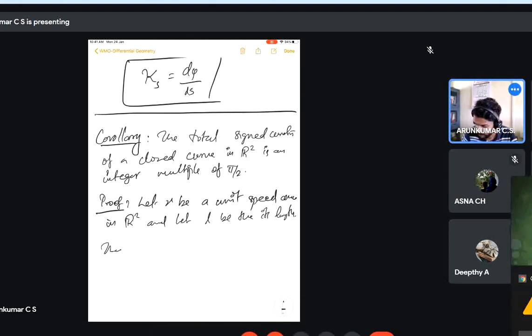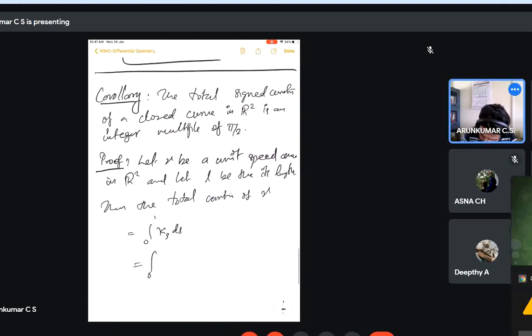Then the total signed curvature of gamma is equal to integral 0 to L of ks ds, that is equal to integral 0 to L d phi by ds. Okay, ks is nothing but d phi by ds by the previous result, or by that proposition.